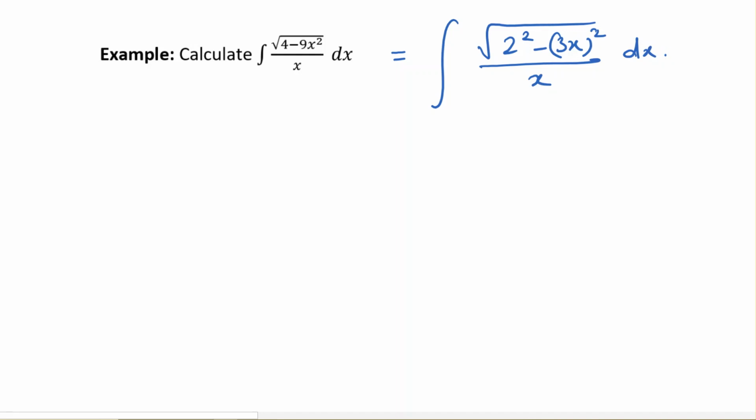We're going to look for the corresponding formula in the table. So let's take a look. This one looks like the form a squared minus u squared, so you have a constant squared minus a variable squared under the square root. That kind of factor you have in the formula. So it's very important that you recognize the form.